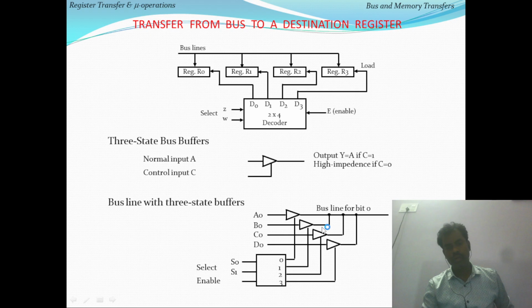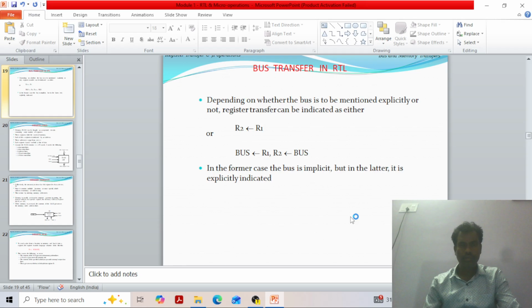Now we'll see the memory transfer in some RTL language. So now we have seen at the architecture level how the data will be transferred from register to bus and bus to register.